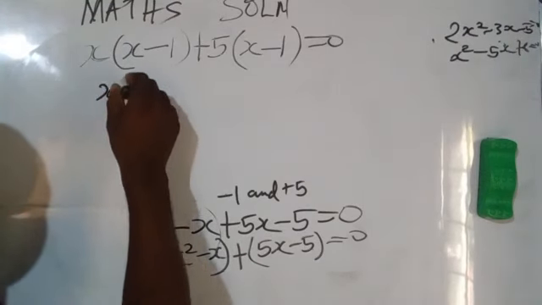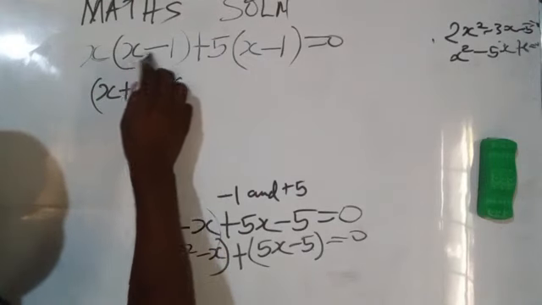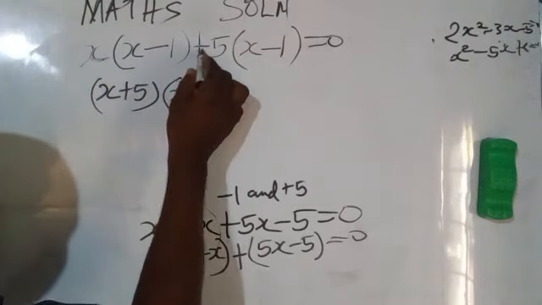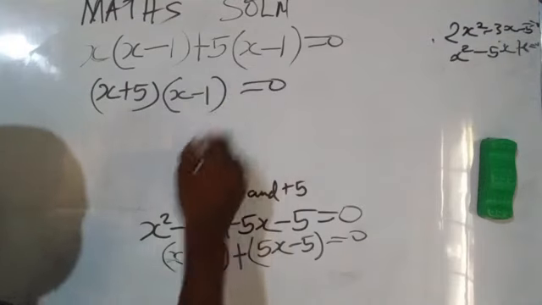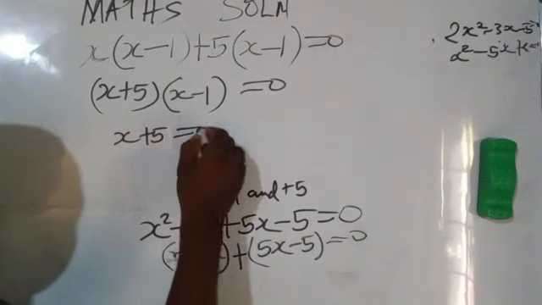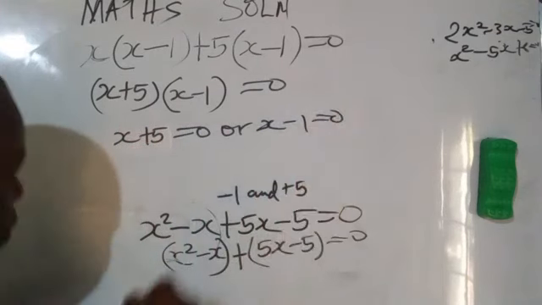Then you now have x plus 5 and x minus 1, just one of the brackets, equal to 0. So that x plus 5 equal to 0 or x minus 1 equal to 0.